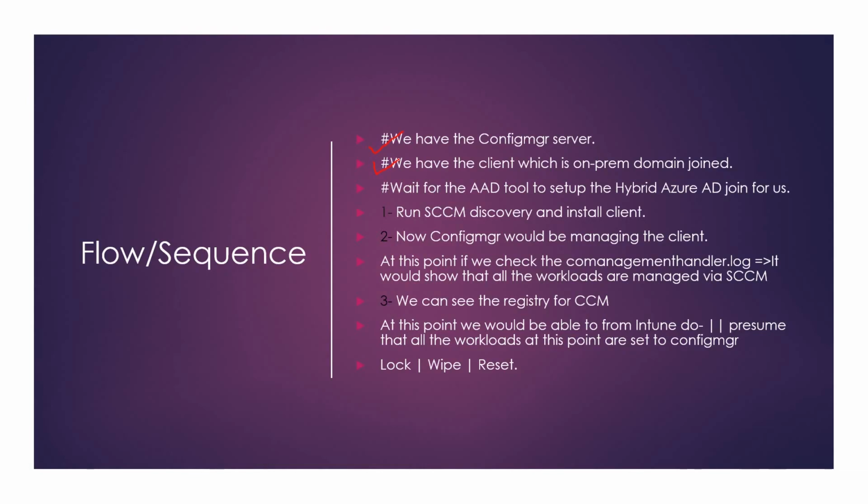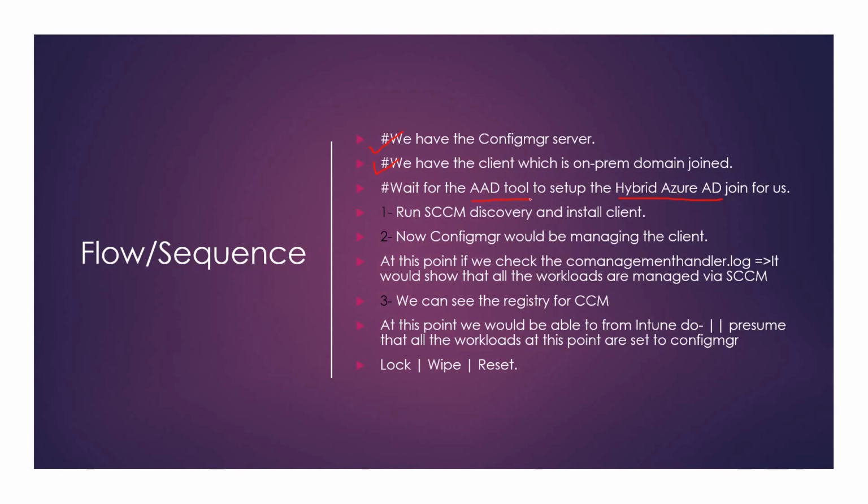And before any of the co-management can happen, the device needs to be hybrid Azure AD joined as well. If you remember the prerequisites, one of them was that the Windows device needs to be hybrid Azure AD joined. This can be done by using a tool called Azure AD Connect. So this tool needs to be installed.